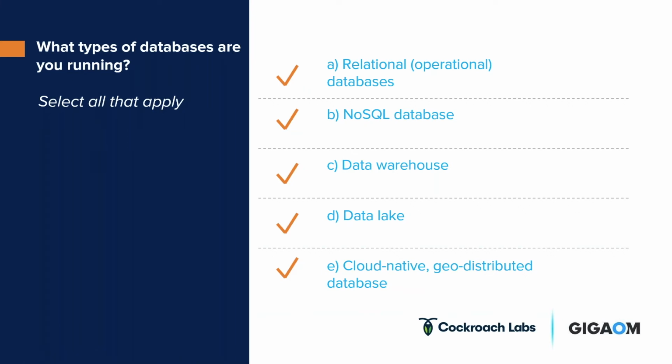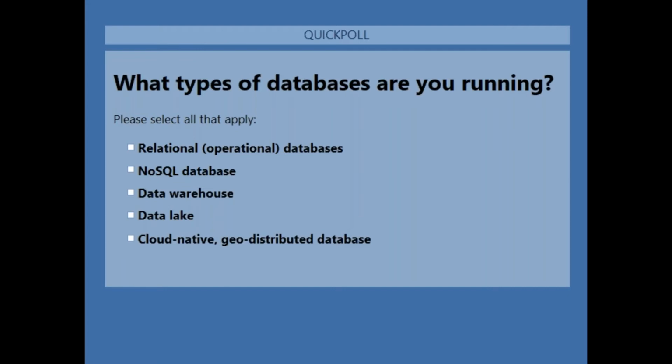Let's get to our first poll here, so we can hear from the audience. This is a pretty simple one. We just want to know what types of databases you're running. Technically, I suppose one of these is not a database per se. Maybe data repositories would have been more academically correct. Doesn't sound as good though. So, are you running OLTP relational? Are you running NoSQL?